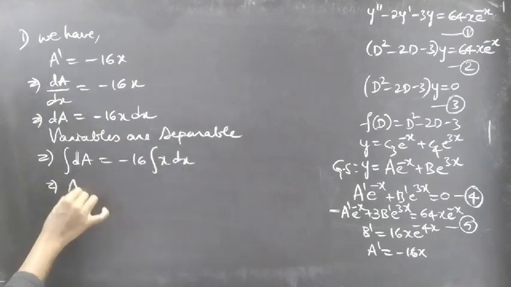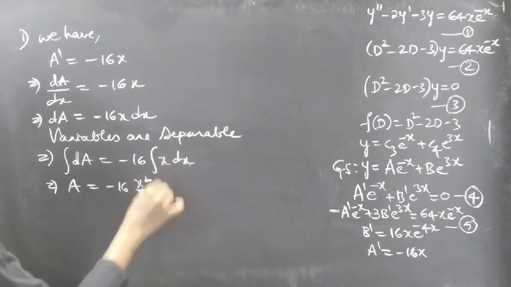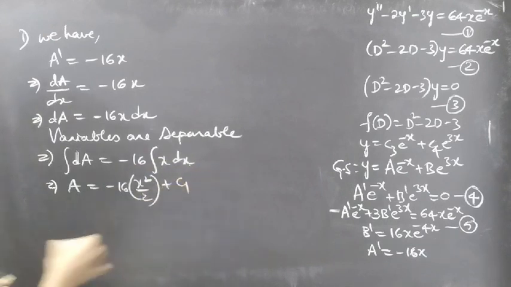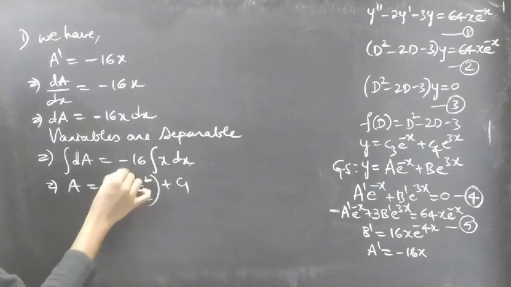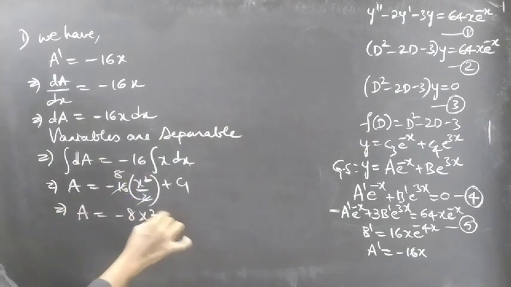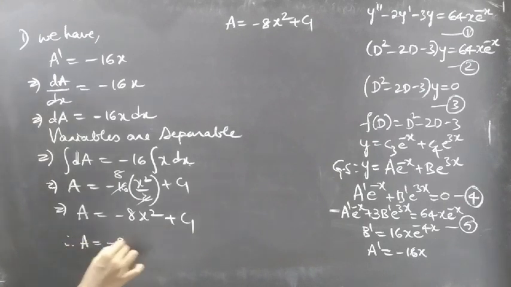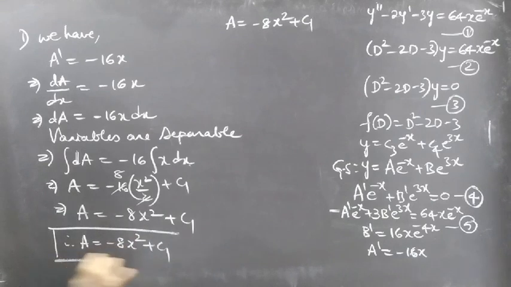This gives us integral dA equal to minus 16 into integral x dx, which is x square by 2, plus some integral constant c1. This gives us a equal to minus 8x square plus c1. Therefore, a equal to minus 8x square plus c1.